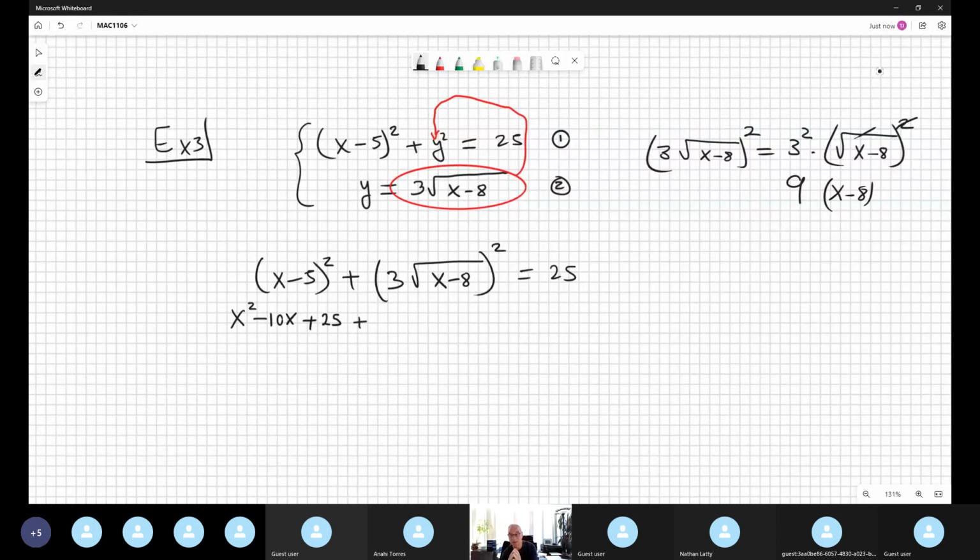That 9 multiplies not only x. If you omit the parenthesis, you are in big trouble, because somebody believes 9 multiplies x. No, 9 multiplies everything. So we have 9 times (x minus 8) equal to 25.